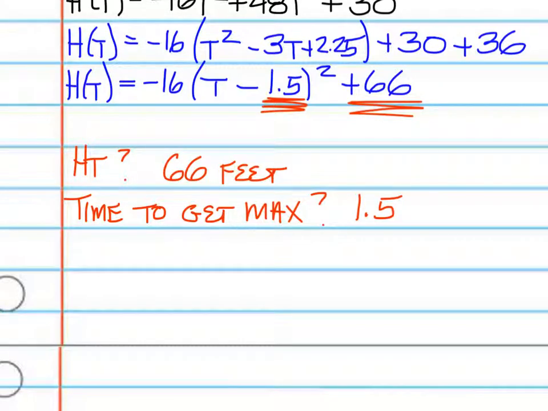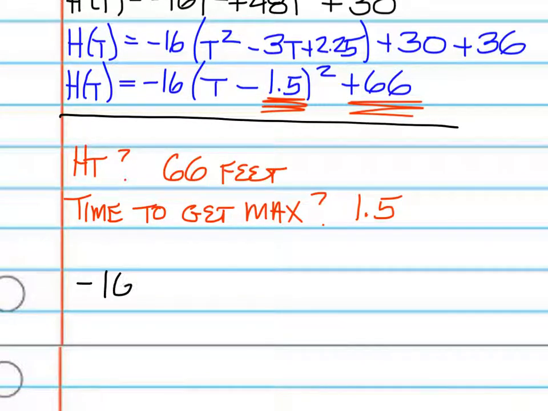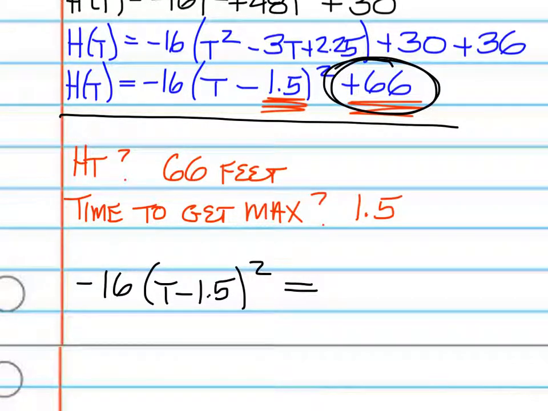Here's what you have to do. This is where we left off, there. You're going to write negative 16 times the quantity squared of t minus 1.5, closed quantity, and set it equal to this last term, moved to the right side, which means if you cross the equal sign, you change the sign of what you just moved.